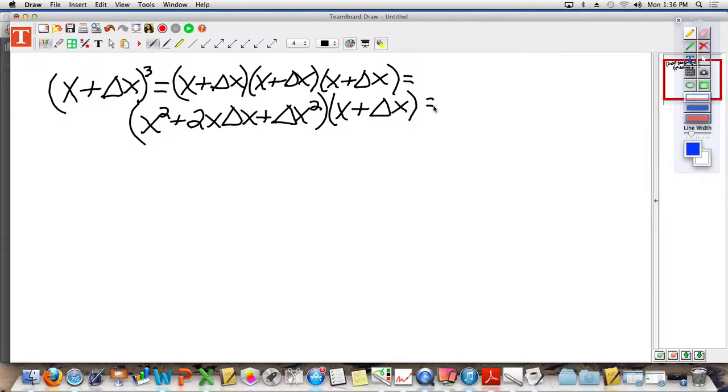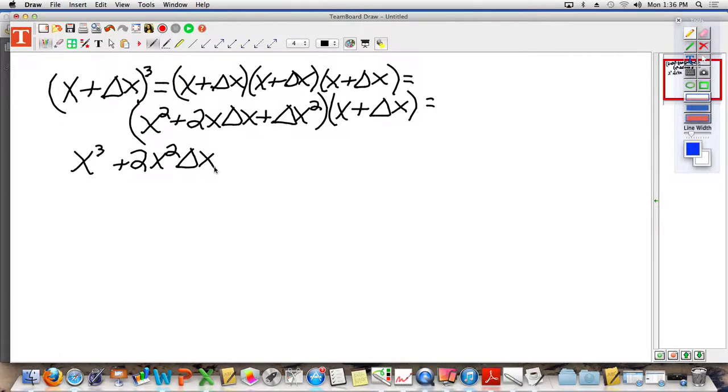So that means we need to take this x plus the change in x and multiply it to each of the three terms in the first one. So we're going to go x times x squared, x cubed. Keep me on my toes here because it's really easy to lose track of what you've already multiplied. x times 2x change in x, well, that means 2x squared times the change in x.